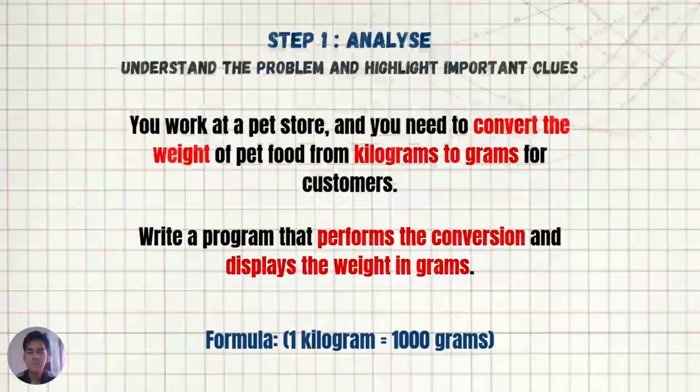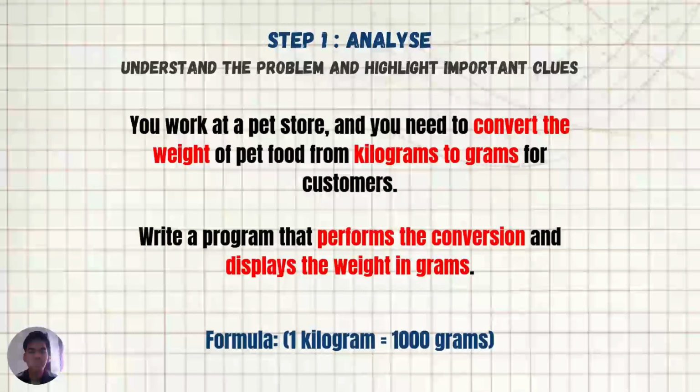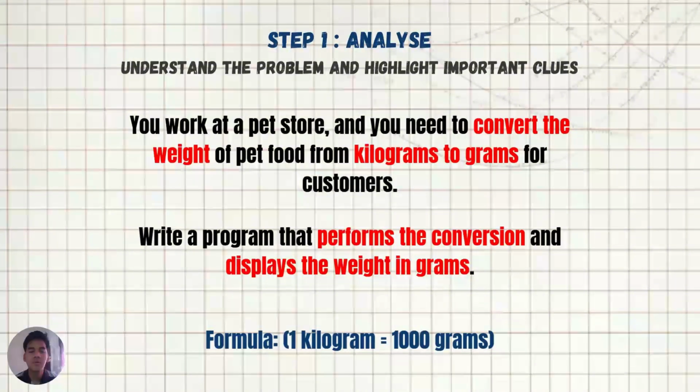So the first step is analyze: understand the problem and highlight important clues. In the question just now, the important clue is to convert the weight of pet food from kilograms to grams for the customer, and write a program that performs the conversion.